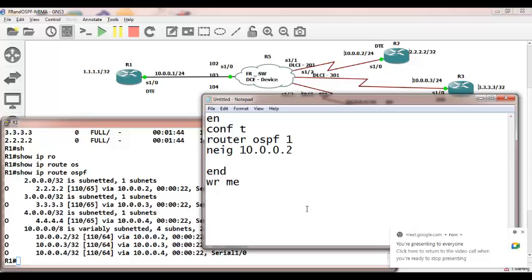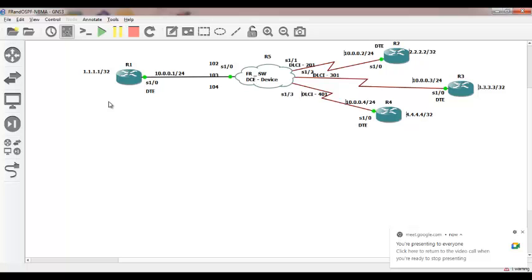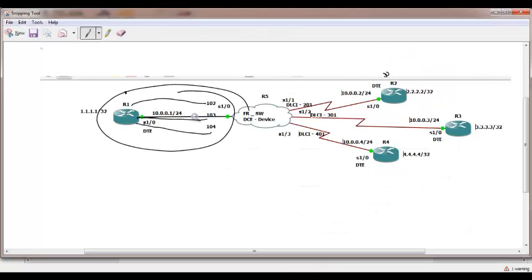What is the connection between broadcast and NBMA? There is no connection. Broadcast is the opposite of non-broadcast. So why are we then talking about broadcast here?